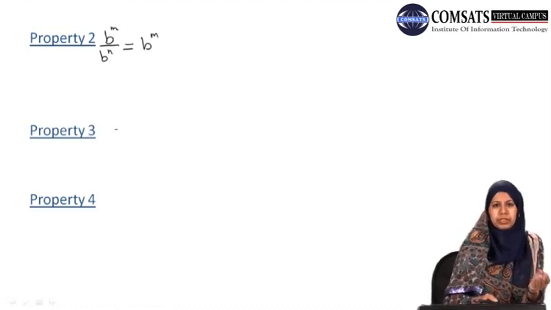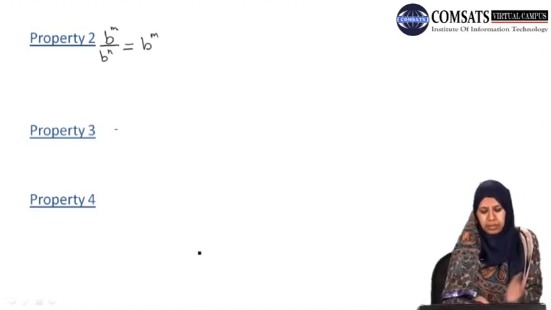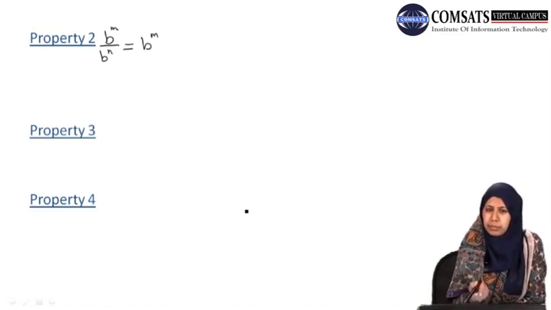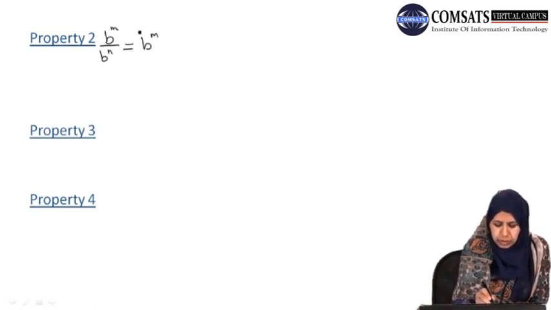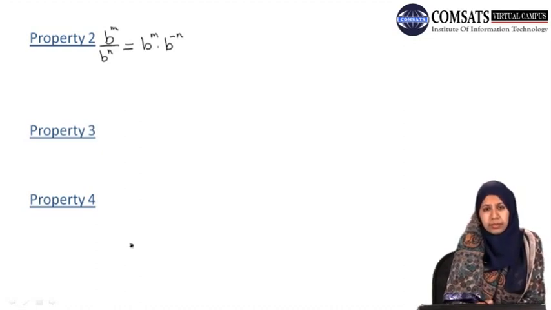The first property was with the same base with different powers in a product form. Now the aim is the same, that is, we want to write this ratio in a single base with the powers added or multiplied or subtracted. This we have to see. b to the power m as it is. This is nothing but b to the power m into b to the power minus n.